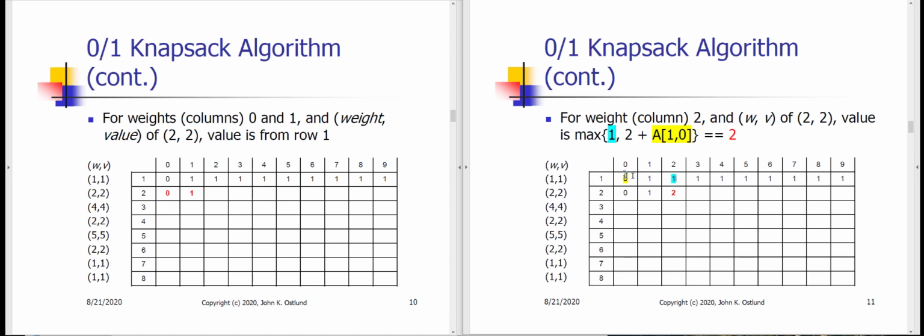So in other words, we have a choice between the maximum of 1 or the maximum of 2 plus 0. And of course, the value of 2 plus 0 is 2. So that gives us a value of 2, which again makes sense. If we use the item whose value is 2 and whose weight is 2, we just don't use the other item whose value and weight are 1.